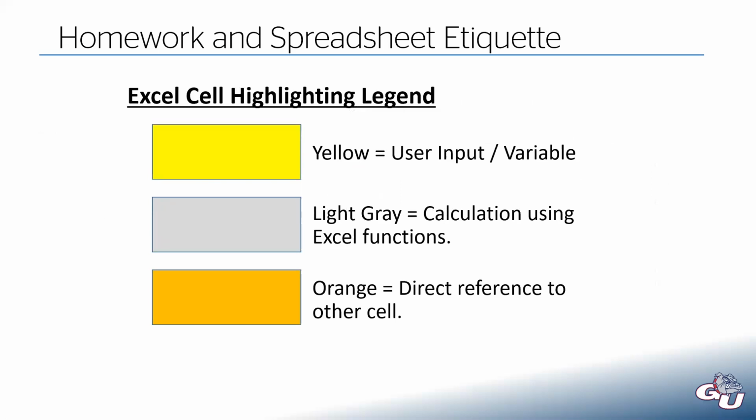The coloring scheme you're going to see, because I do give you a starting point in the Excel files: anything in yellow, that's a user input. That is a hard entered value. Light gray, that'll be a calculated cell using Excel functions, whether you're using sum or anything. Orange means it's a direct reference to another cell. So that can sometimes be useful to just reference another cell in a different part of the spreadsheet.